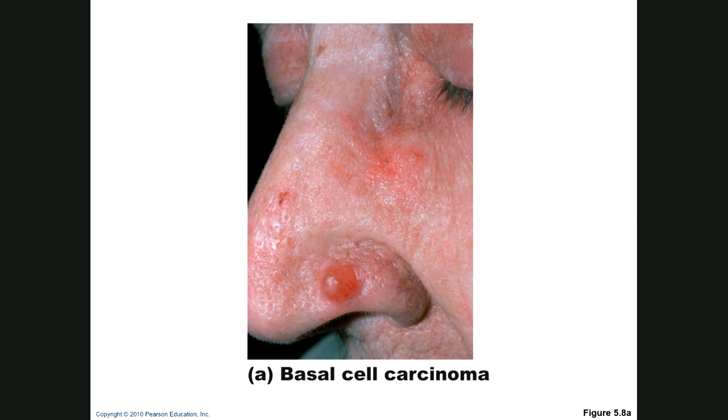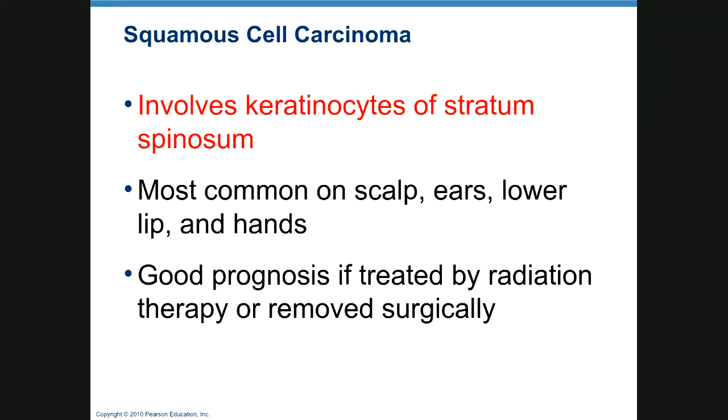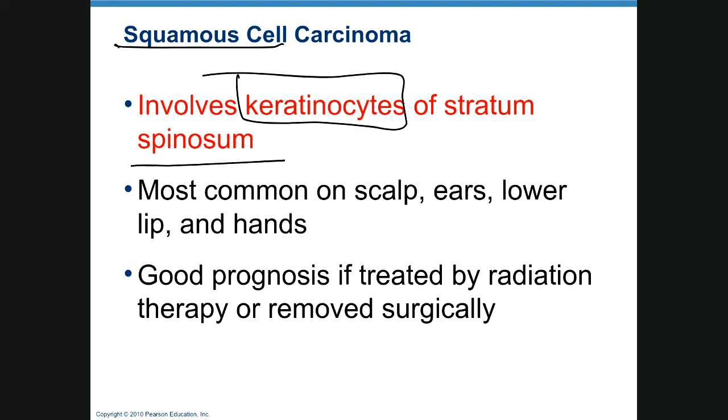All right. The second most common type of skin cancer is a squamous cell carcinoma. In this case, the squamous epithelial cells are the ones responsible for the cancer. These are the keratinocytes in the stratum spinosum. This cancer is a little bit more serious. It doesn't metastasize, but it does grow. So it needs to be removed by surgery, followed by some form of radiation.